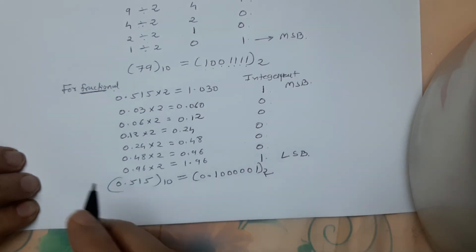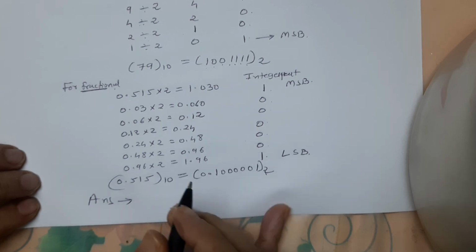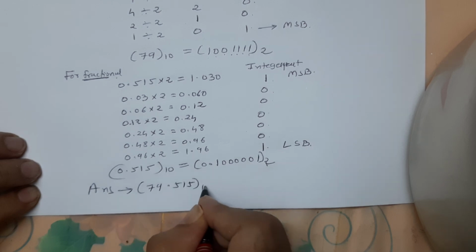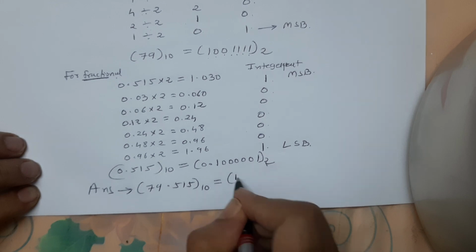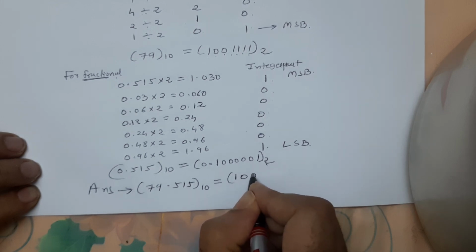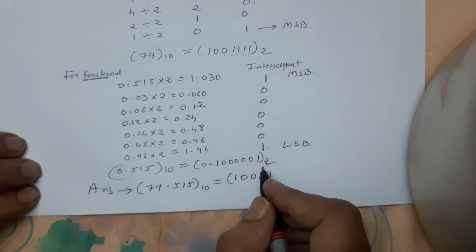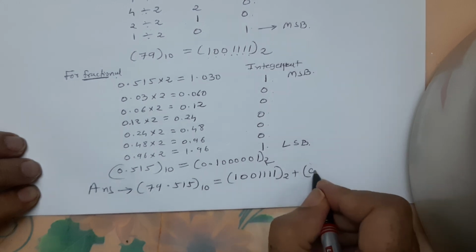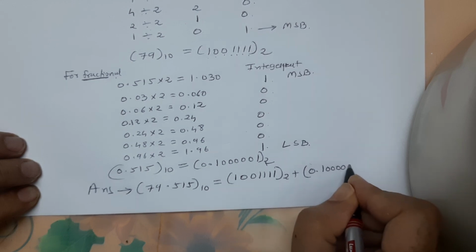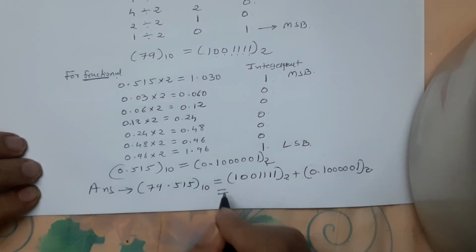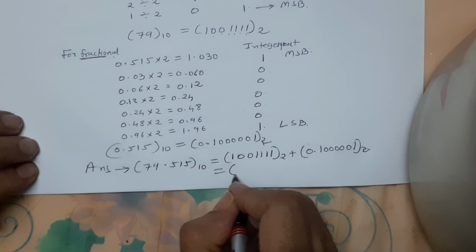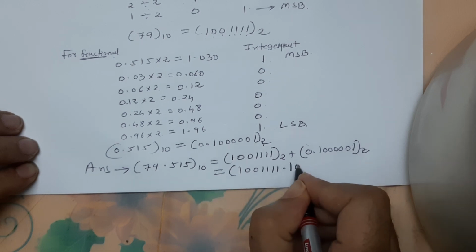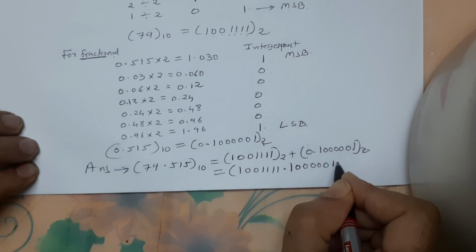So the answer for 79.515 decimal is equal to 1001111 binary plus 0.100001 binary, and it is equal to the final result 1001111.100001.